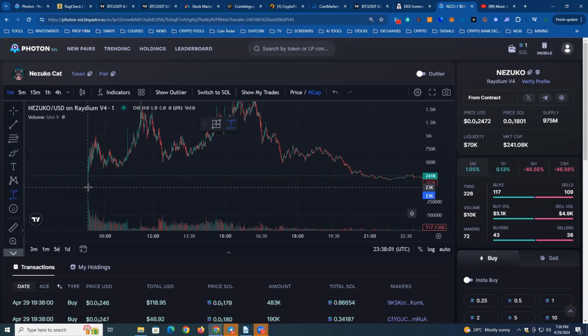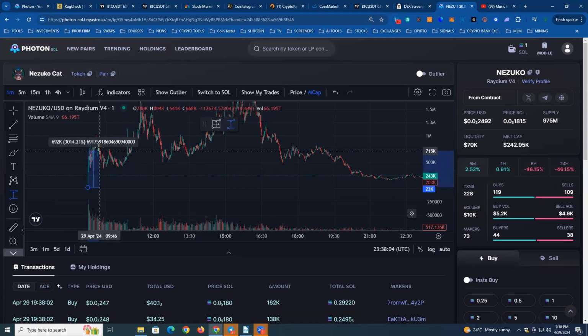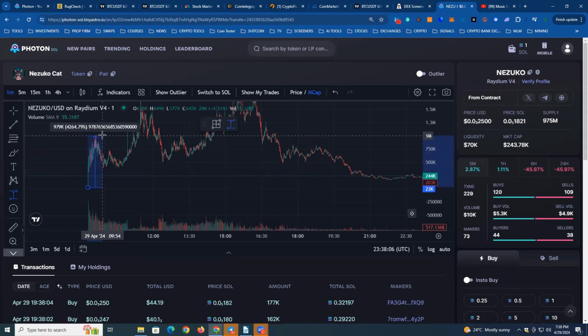If you were one of the original holders of this coin and you caught the first run up to the 1 million market cap, you would have made a 4,326% return.